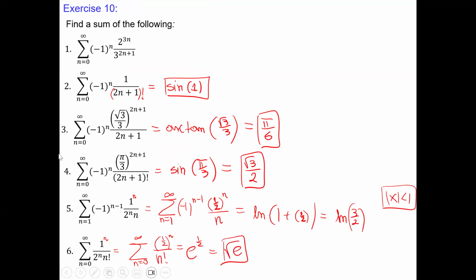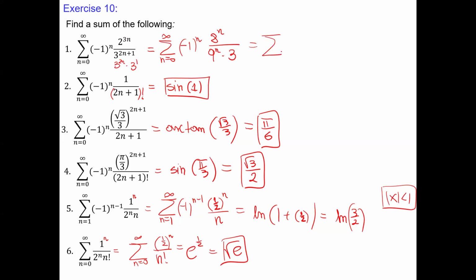Okay, and the first one is interesting because we see a fraction, but no factorials, no n on its own. But we definitely see something. I see -1 to the n. I see 8 to the n. I see 9 to the n times 3, because this will be 3 to the power of 2n times 3 to the power of 1.